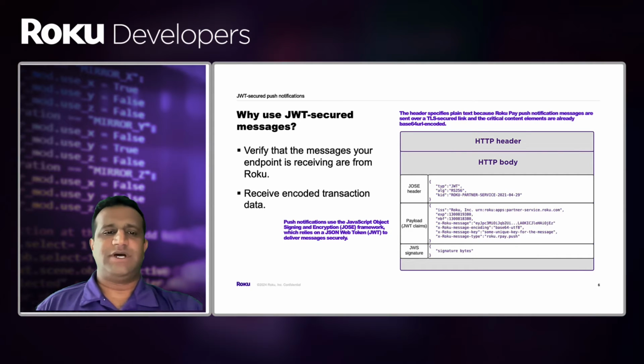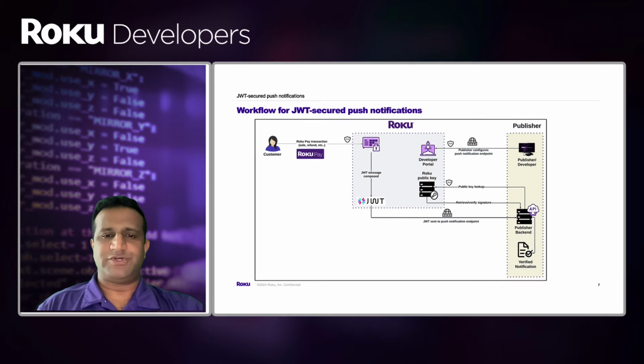And here comes the workflow for JWT secure push notification. What is the flow that we expect to happen?